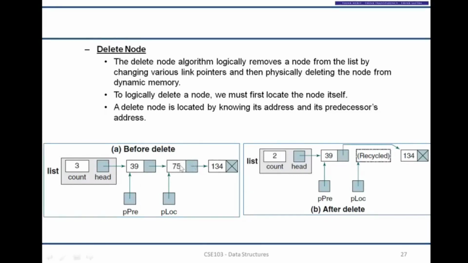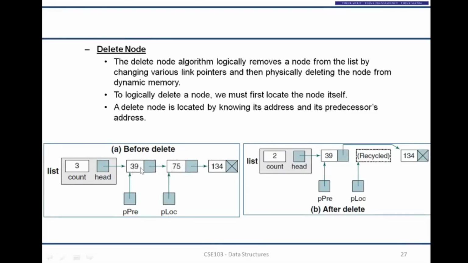If you want to delete 75, what we need to do is the 39 should point to 134. Instead of pointing to 75, the 39 should point to 134. Then, since we are using dynamic memory allocation, this memory must be deleted by us. We have to call a free function to delete this memory. So that is what we need to do. 75's next contains 134 and 39's next contains 75.